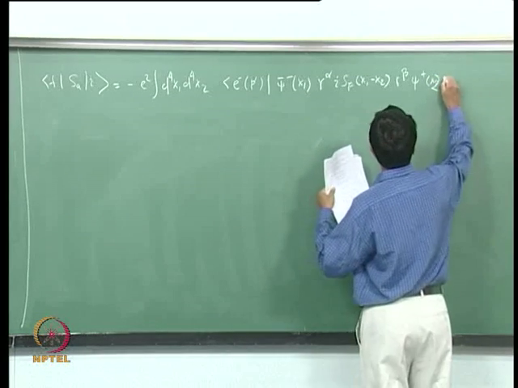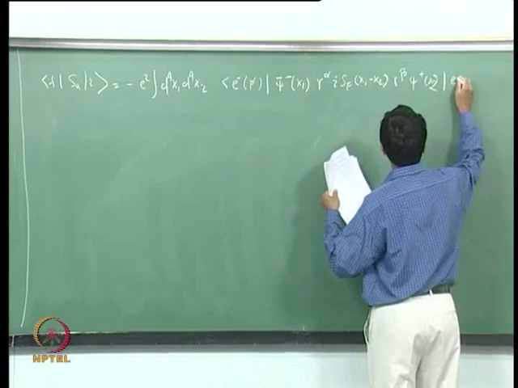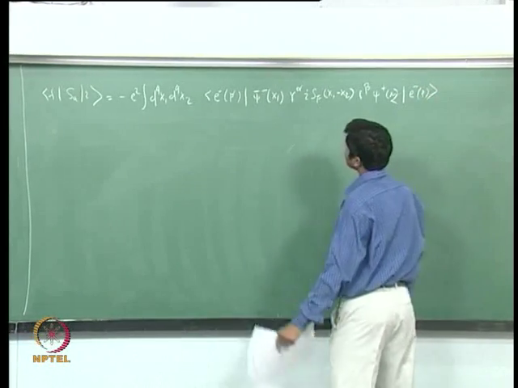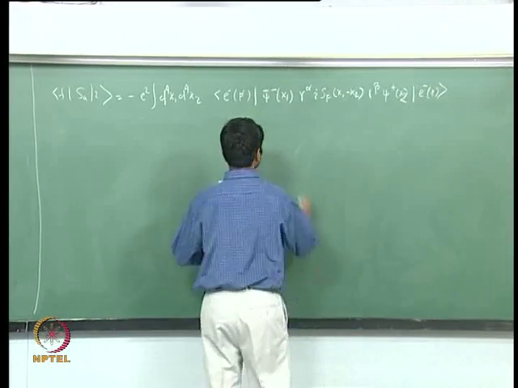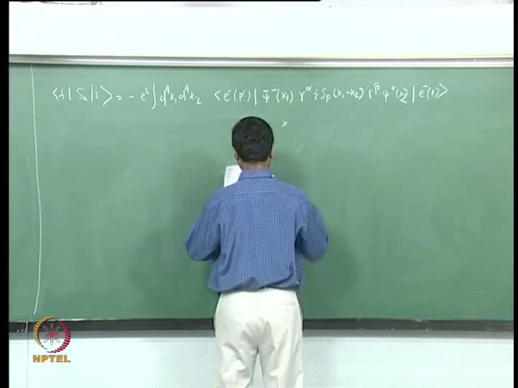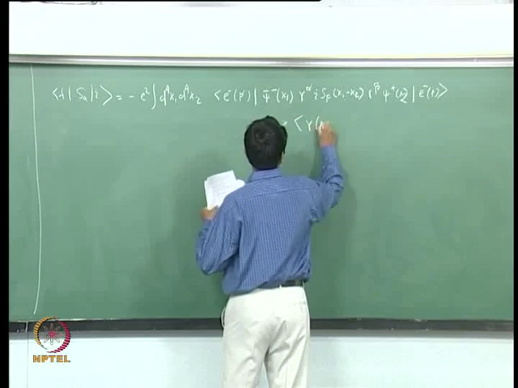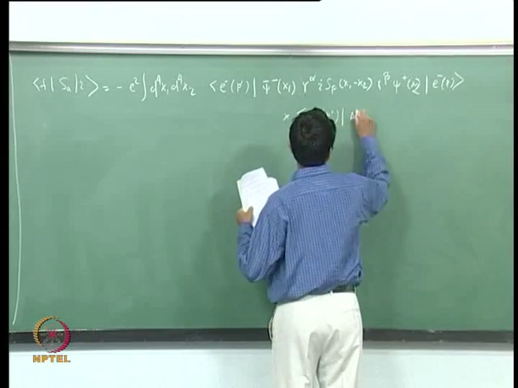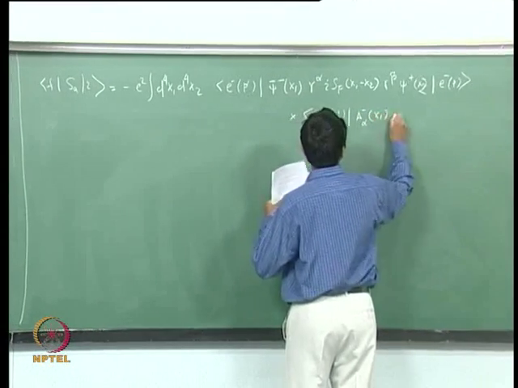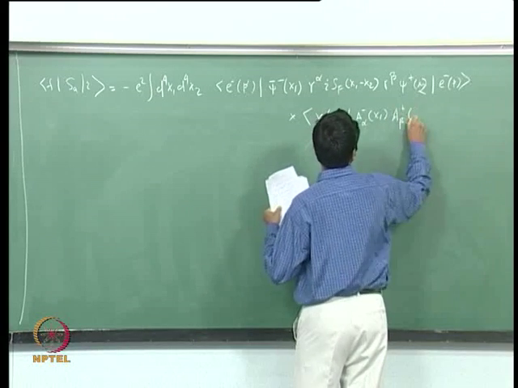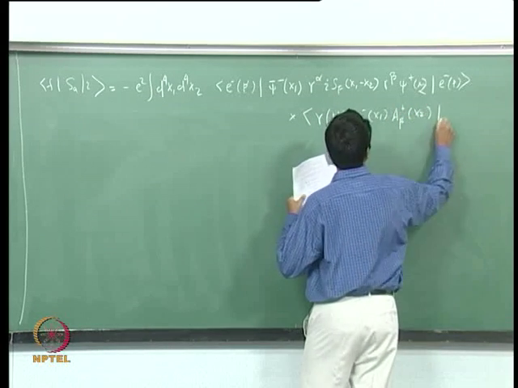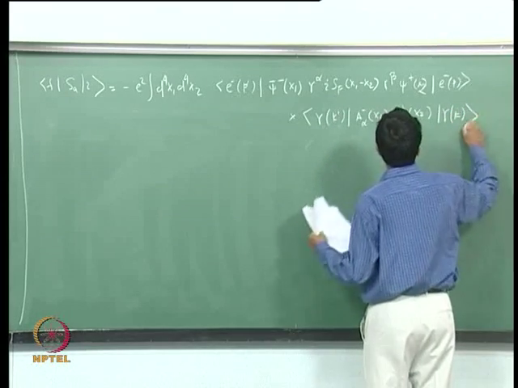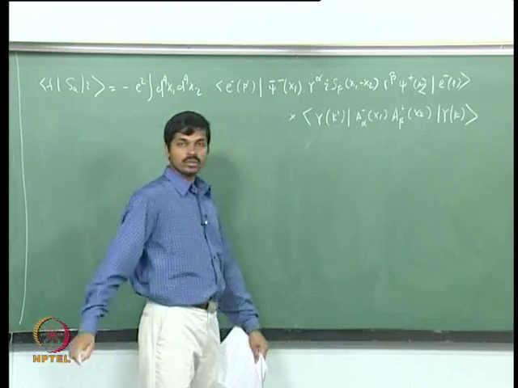This acts on the incoming electron which has momentum p and spin s. This times the photon of momentum k′, A^α⁻(x₁) A^β⁺(x₂) acting on the photon state of momentum k.